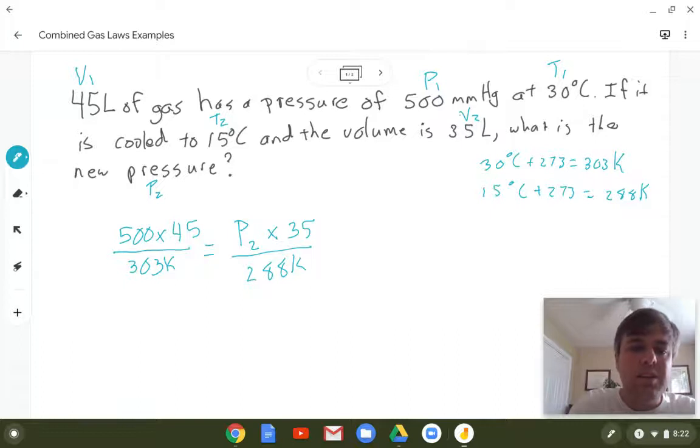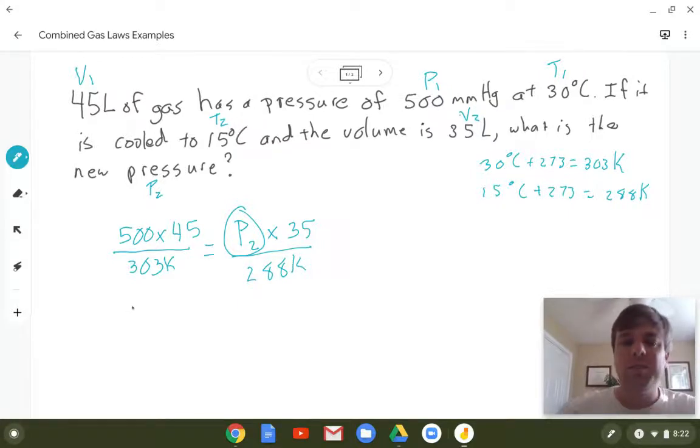So now, to solve this, we've got our variable that we don't know, P2. There's several different ways you can do this. You can simplify the left side of your equation and divide everything on the left side by that, or you can just cross multiply.